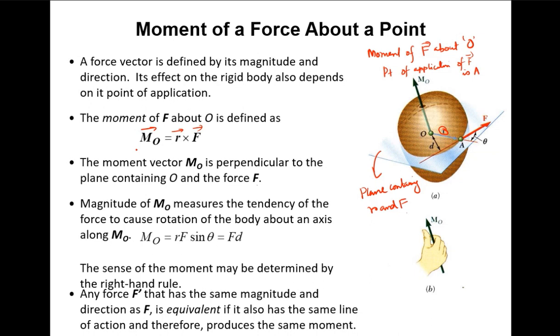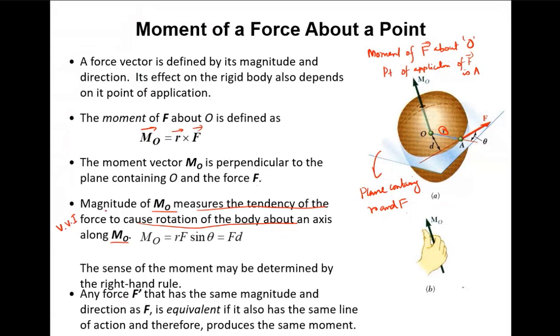Okay, so the moment vector MO is perpendicular to the plane containing O and the force F. The magnitude of MO measures the tendency of the force to cause rotation of the body about an axis along MO. This line is very, very important, because this concept will also be required for moment about an axis.